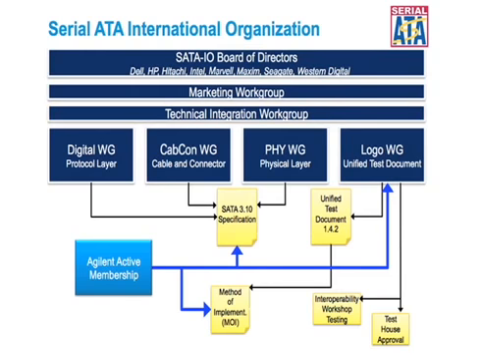There are four main work groups beneath the technical integration work group, and they are the digital work group, which looks at the protocol layer specifications. And then there is the Cable and Connector work group, which looks at cable and connectors. And then the physical work group, which looks at the physical layer aspect of the spec, as well as the logo work group that defines how the testing is being done for the products.